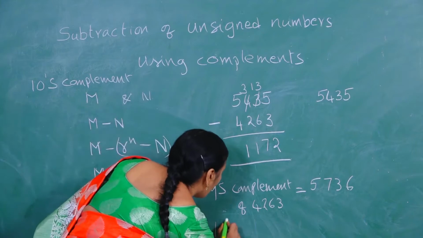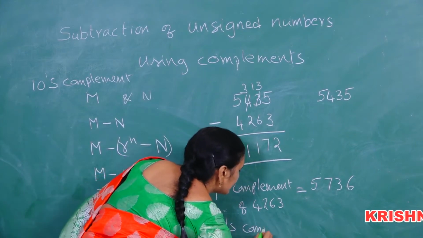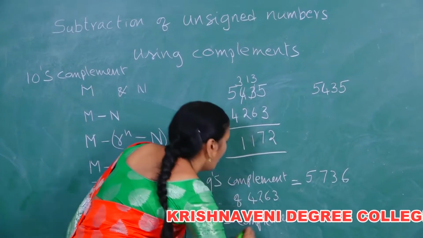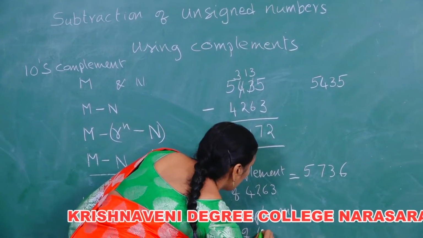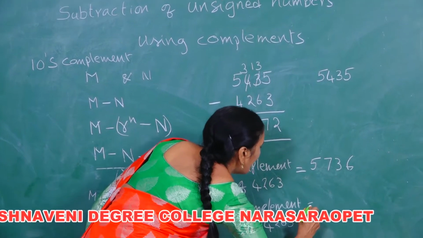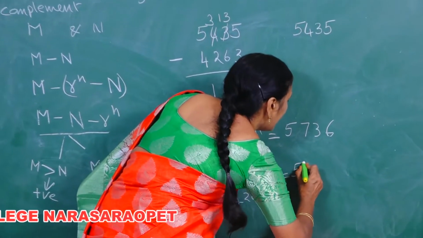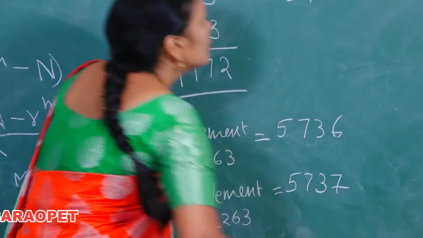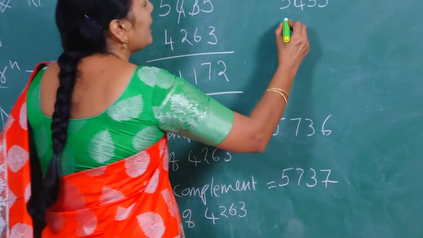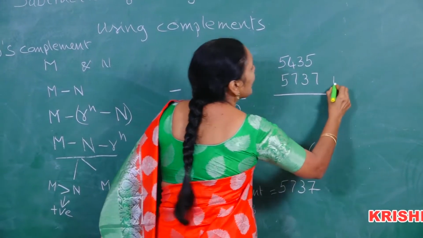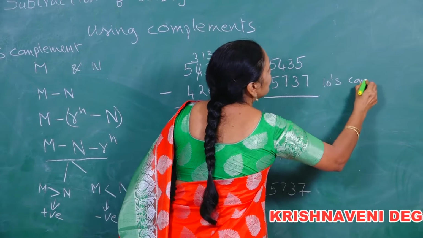Then the 10's complement of 4263 will be the 9's complement plus 1, that is 5737. So, now we have to write 5737 here, which is the 10's complement.